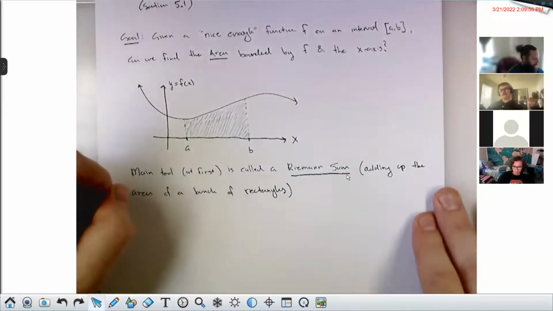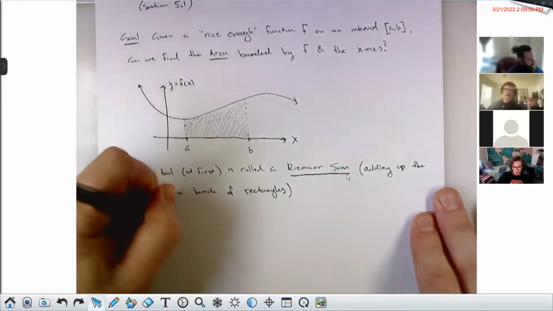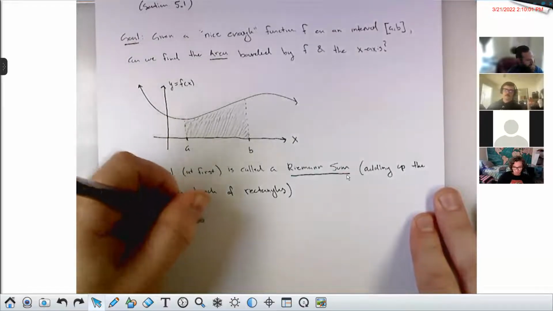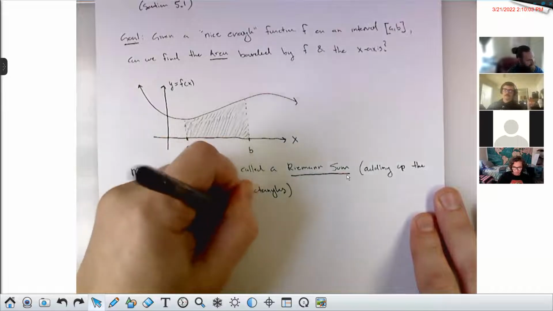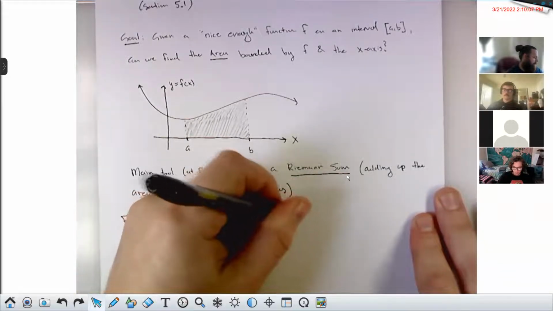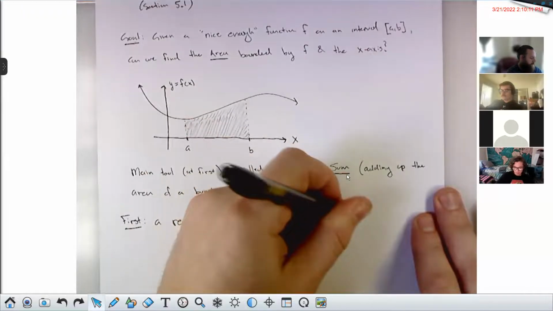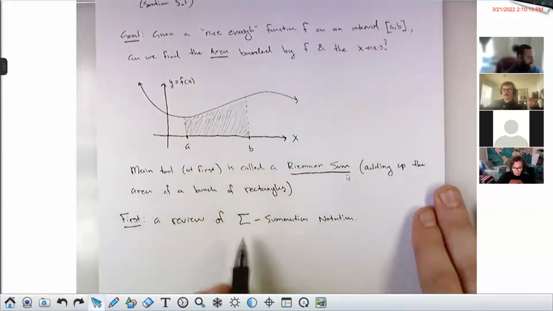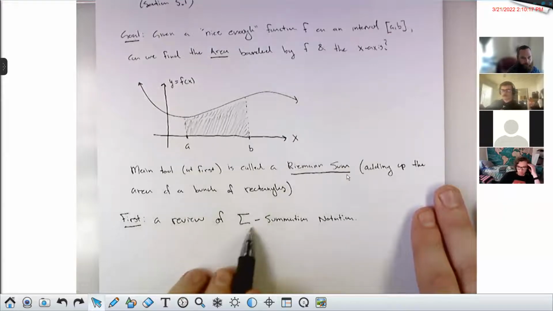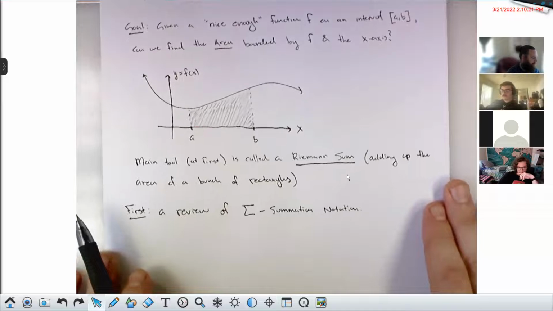So first, a review of that notation. This symbol I've just drawn here kind of looks like a big weird E. That's the Greek letter sigma. That is a capital Greek sigma from the Greek alphabet.